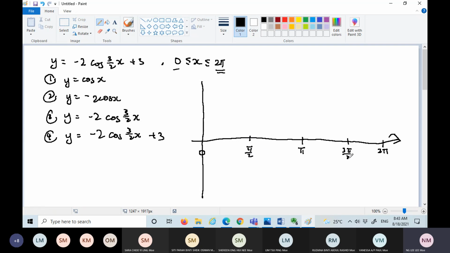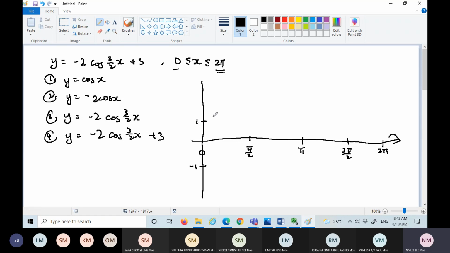This is 3 pi over 2. Because you need to -2, wow, very complicated this graph. Cos x, I don't know until where I need, so pretend this is 1 and this is -1. Please make sure the size is the same here, so 1 and -1.